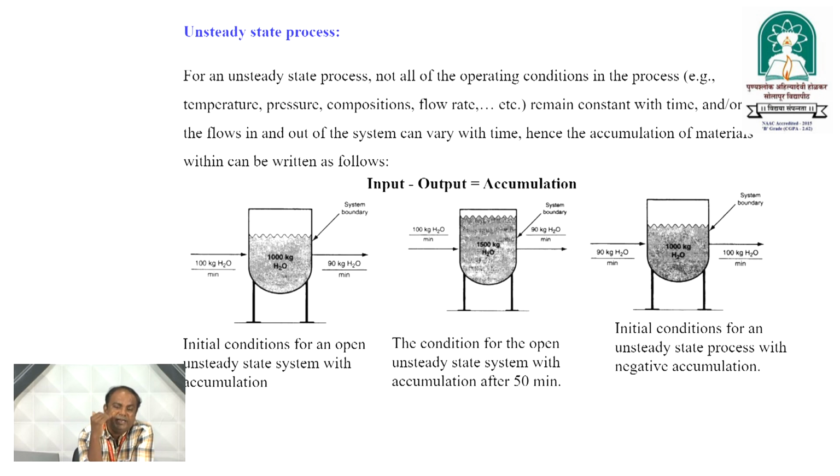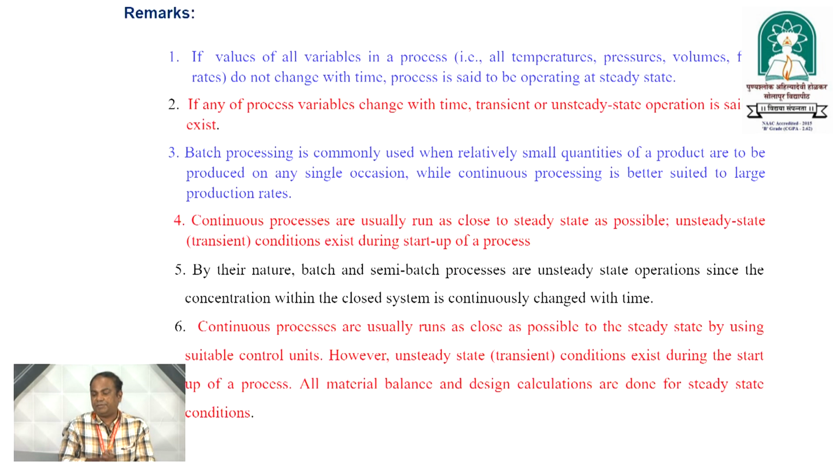Here we can say that a batch process is the best example of an unsteady state process. So there are a few remarks, and a summary of whatever we have learned till now has been given here.